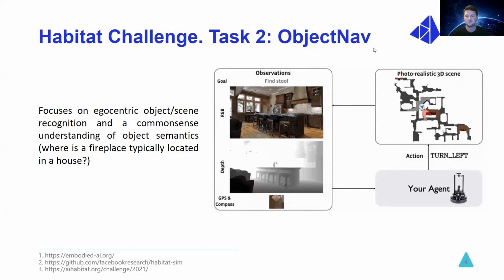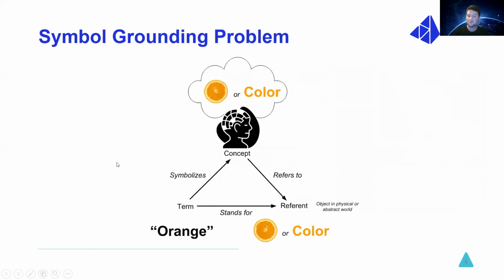But when we try to solve this kind of problem, another problem appears, called the symbol grounding problem. My main point here is how an agent represents its internal knowledge about concepts in the environment.